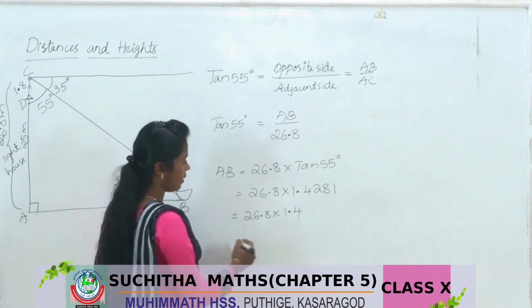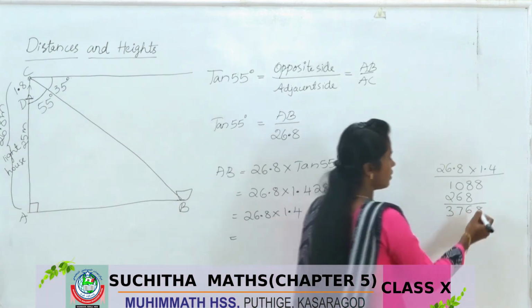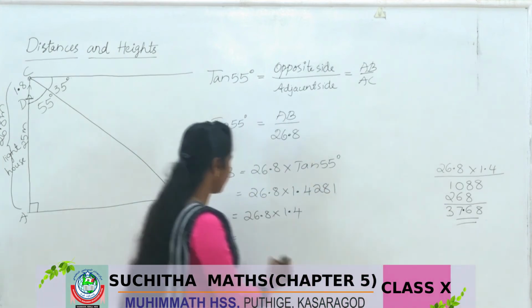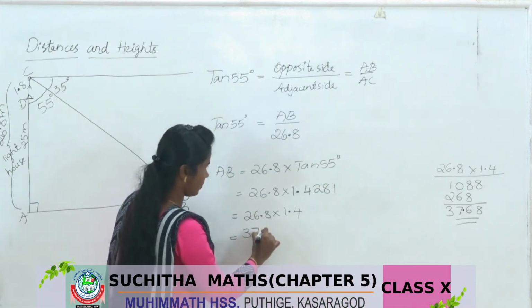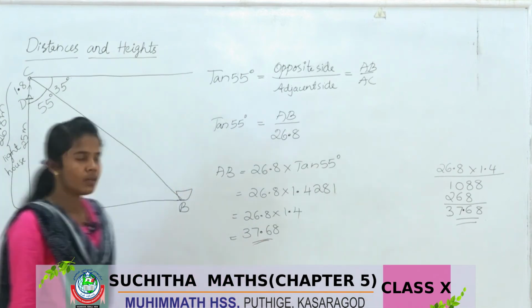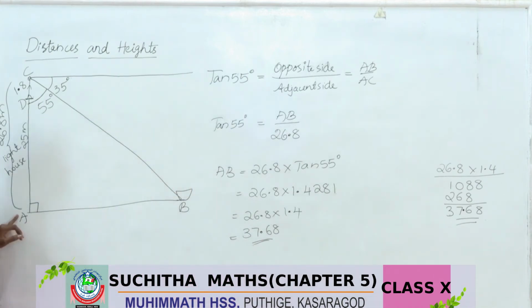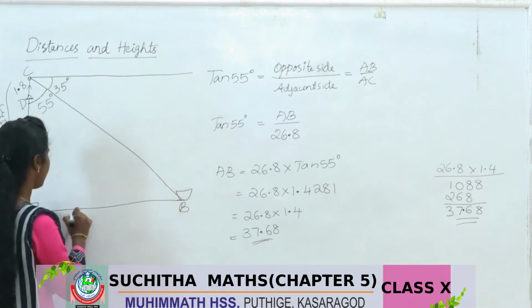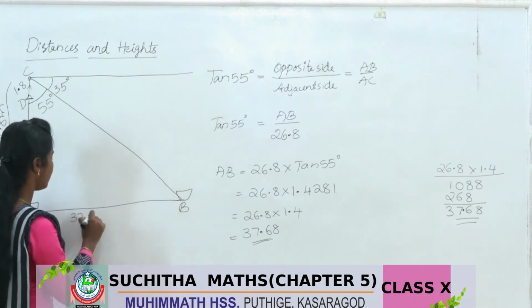Now multiply, 37.68. Therefore, the distance between the lighthouse and the ship is 37.68 meter.